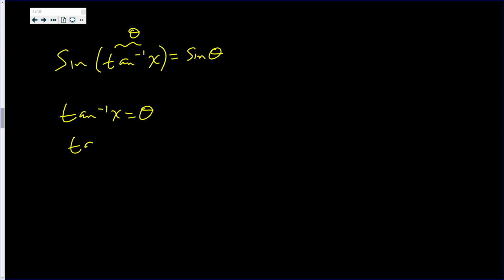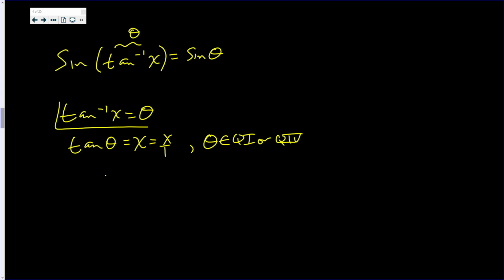That means that the tangent of theta is x, which is x over 1, and theta is in quadrant 1 or quadrant 4. That's where tan inverse is defined.